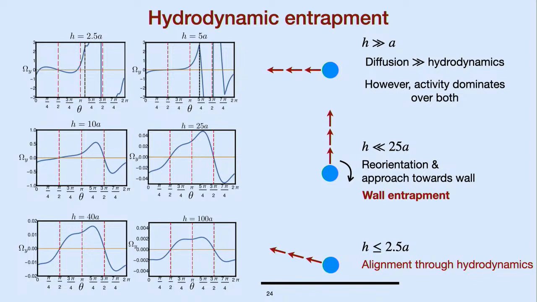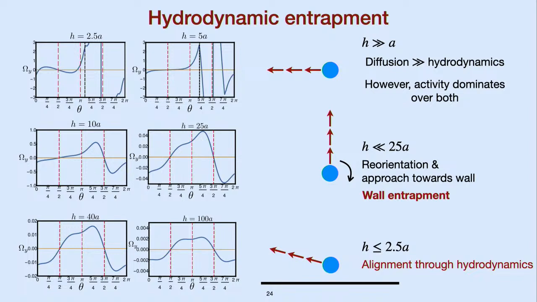So that orientation doesn't mean anything because diffusion dominates. This is the height where diffusion dominates, but that's where this model predicts that the swimmer will be normally oriented towards the wall. Not parallel like the stresslet theory predicted. Very close to the wall, it will assume some orientation.